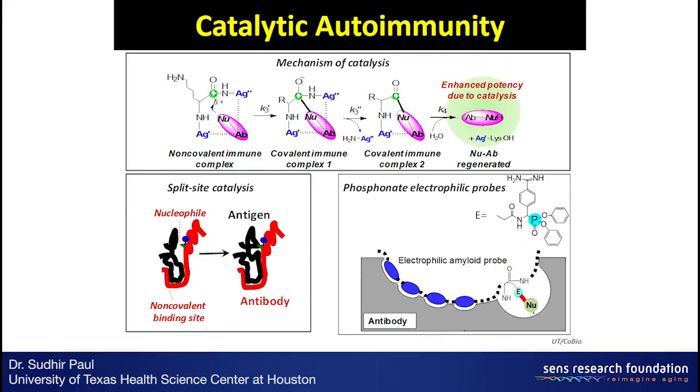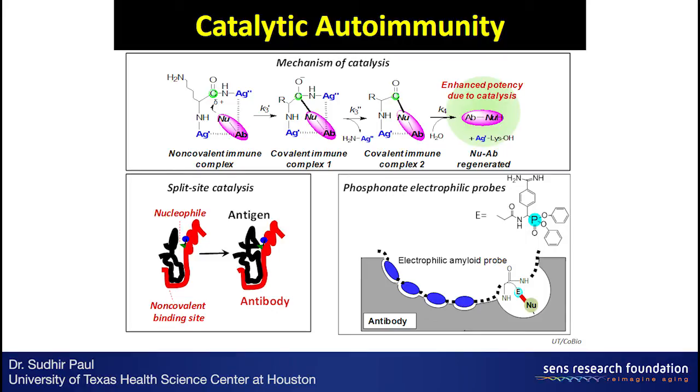And then again, work from our group and others has shown that certain electrophilic probes are mimetics of the electrophilic carbon here. So this is a positively charged electrophilic carbon.